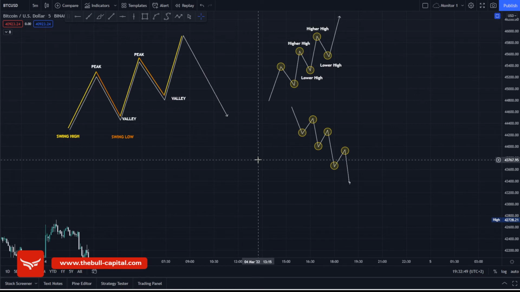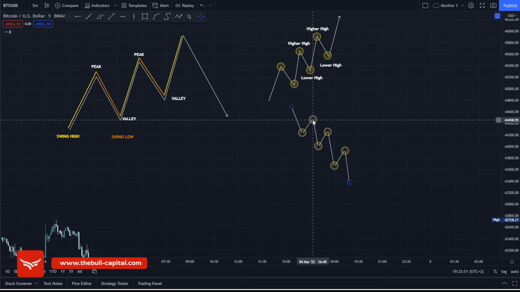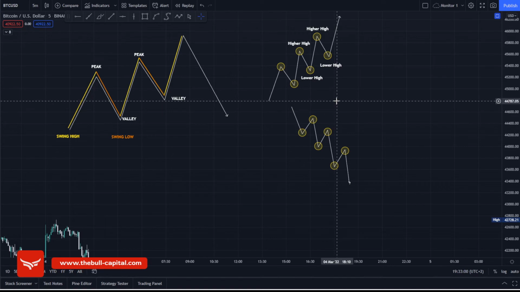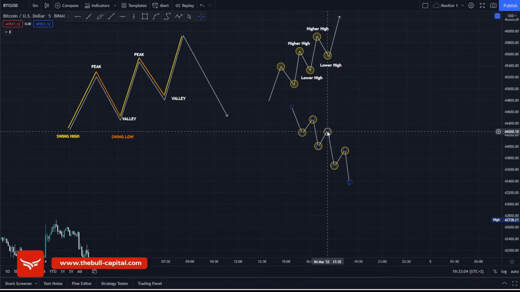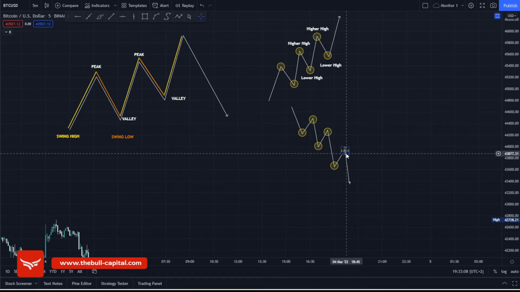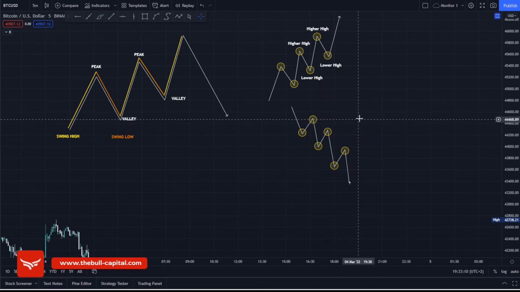Now what we can see here, this is a peak, the starting point, the first peak, let's say. The next peak is lower than the previous one, and the next one is lower than the previous one.